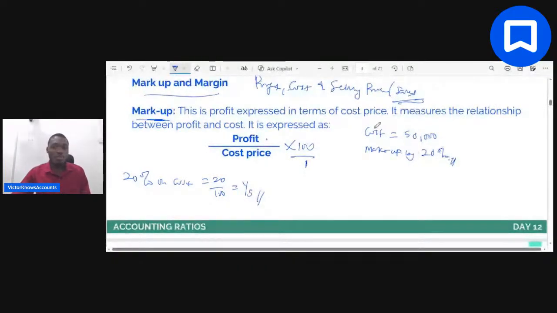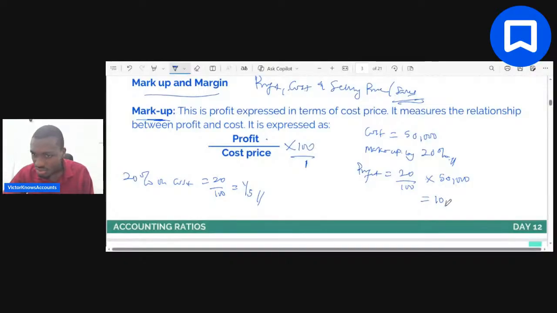That's what markup means. So your profit will now be equal to 20 over 100 multiplied by 50,000. That will give you 10,000, if I'm not mistaken. Yeah, that should give you 10,000.